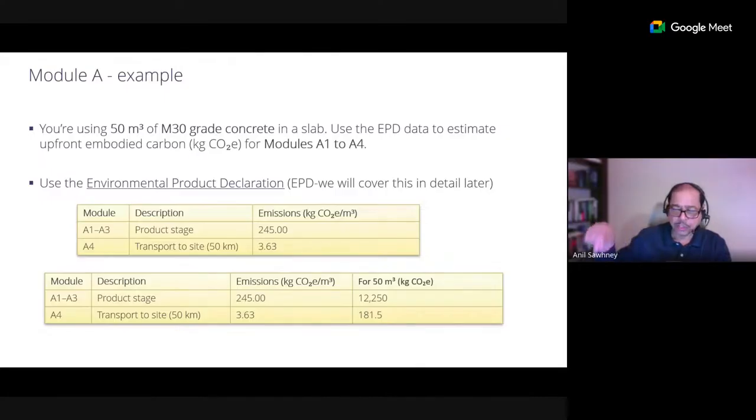You can pick that specific plant and get the EPD of concrete that they deliver to your location. Obviously, it's going to be more accurate, but in the absence of that, you can use regional averages, industry-wide EPDs. They're better than doing your LCA calculations for ready-mix concrete in detail using your own calculations.